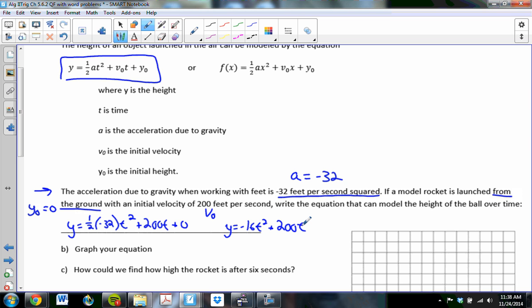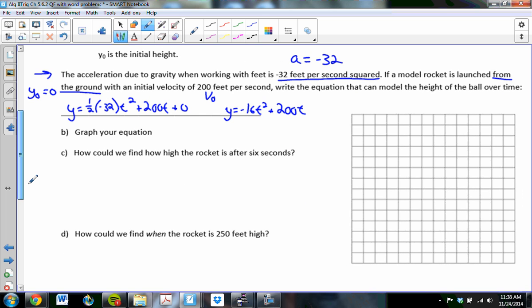Now the next thing that we're told to do is to graph this, but actually graphing this, I'm going to scroll down now, graphing this is much easier if you can find a few things, like find your vertex and find your y-intercepts. So I'm actually going to start with finding those things. The vertex. To find the vertex, I do x equals negative b over 2a, and that gives me the AOS, axis of symmetry.